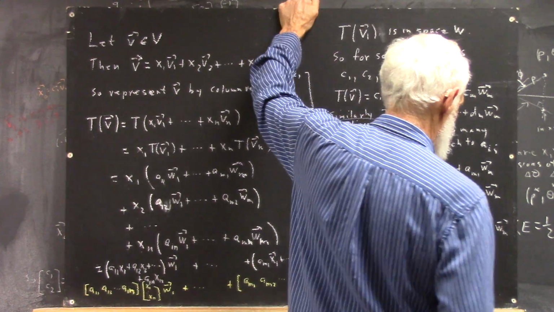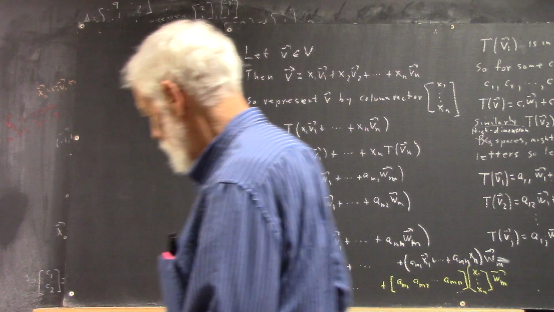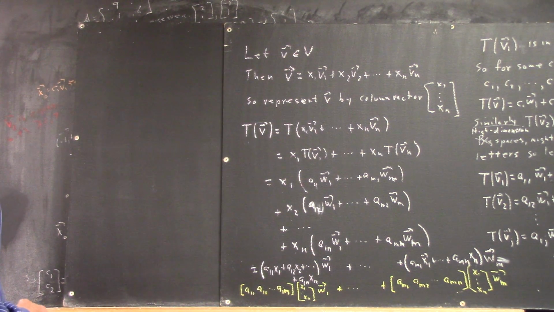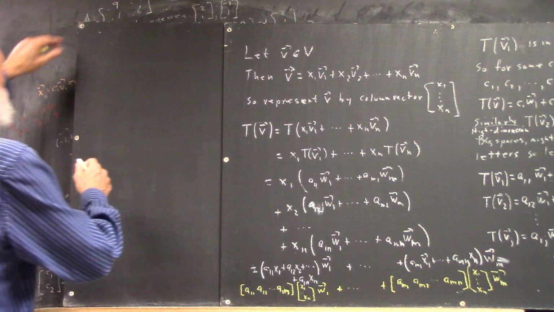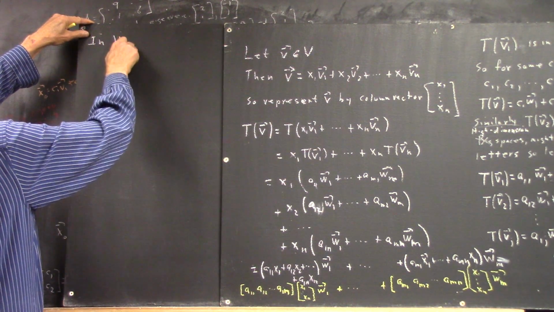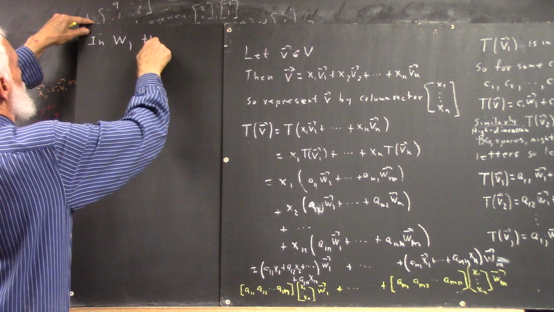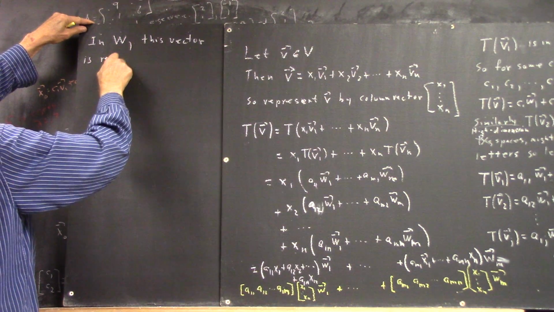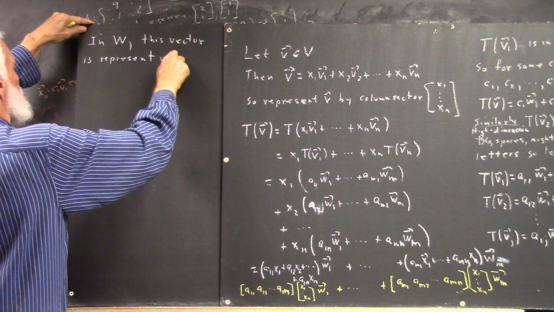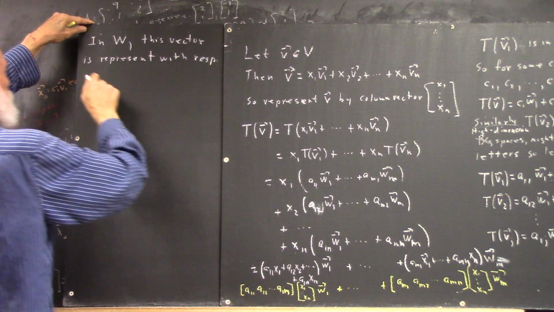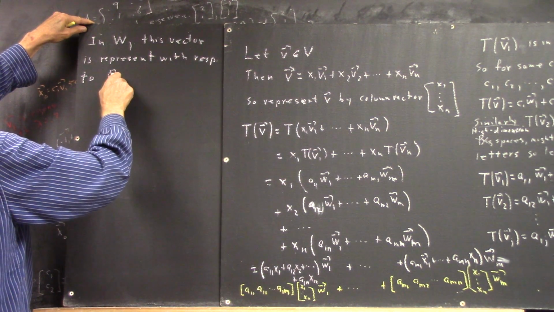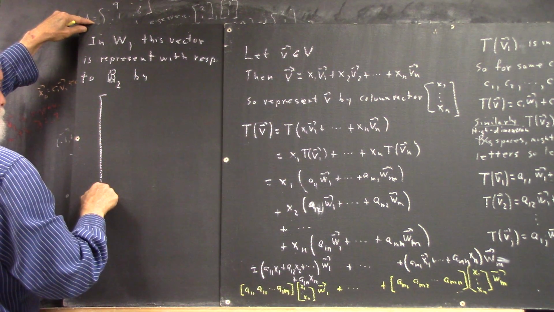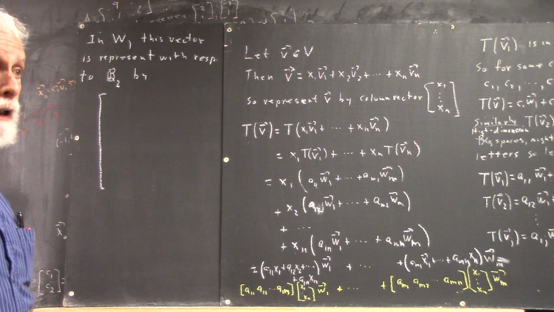So what do we do with this? This vector is going to be represented by a column vector.